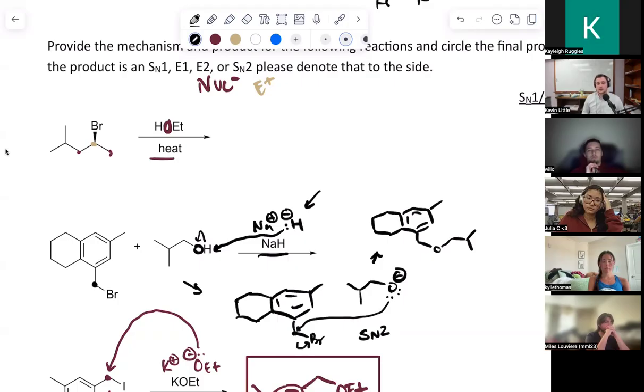So in general, acid base is going to be super fast, especially since I'm going to give you strong acids and strong bases. So my first step should always be to look at the acid or the base and then go from there to attack something else before I bring those back together. Yes. There will be exceptions at some point, not in Orgo 1, and honestly, not even usually taught in Orgo 2.